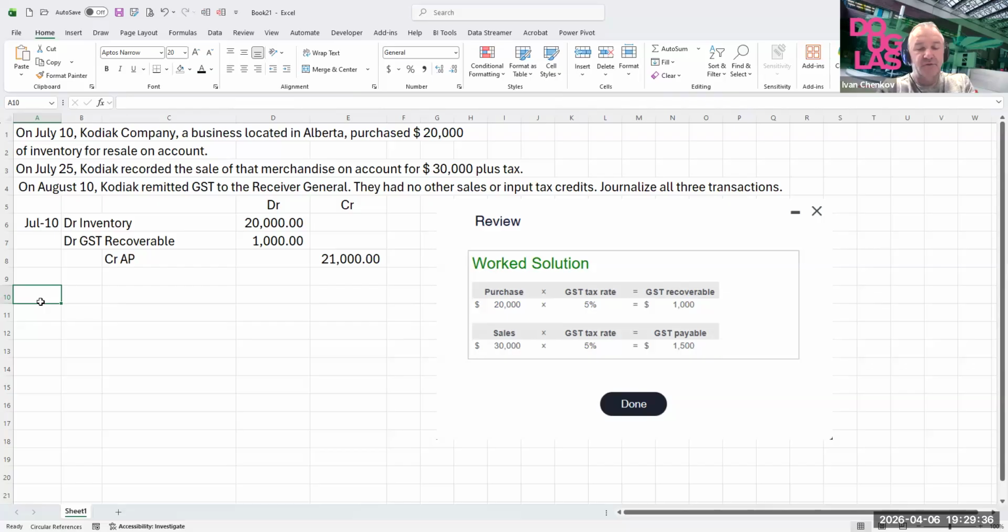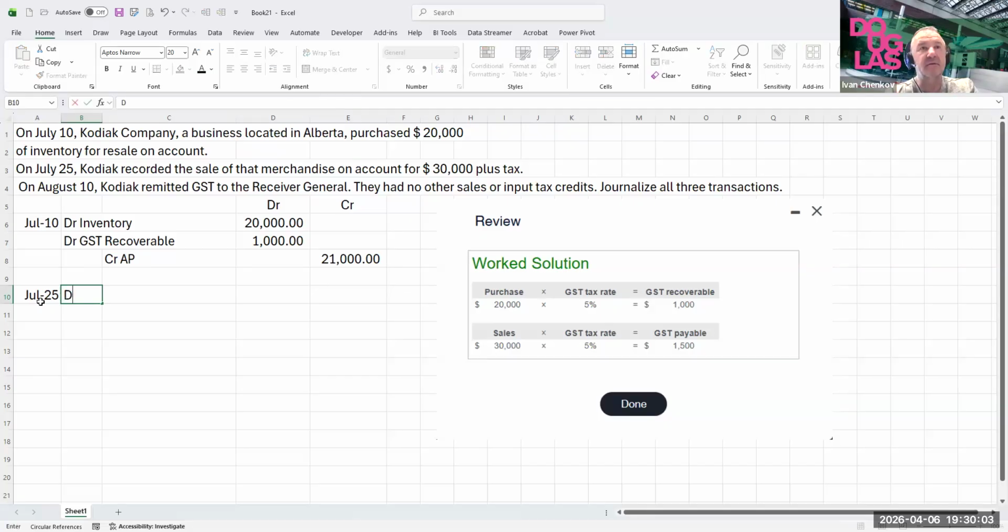Now, the next one is July 25th, where we have another journal entry. Whatever we purchased, we're selling it. We're not concerned with the sales right now. Our concern is cost of goods sold and reducing the inventory. If you want, we can do that as well, but let's focus first on the sales on account.